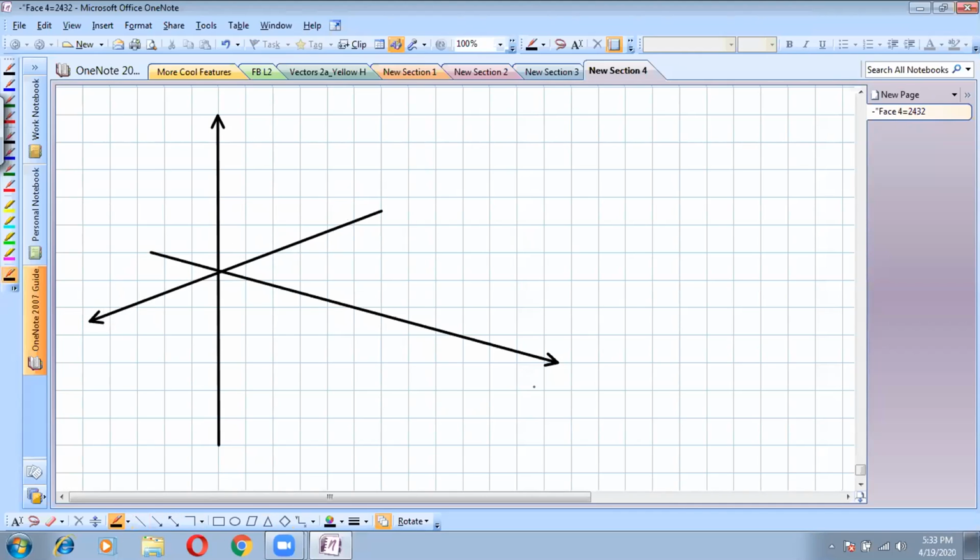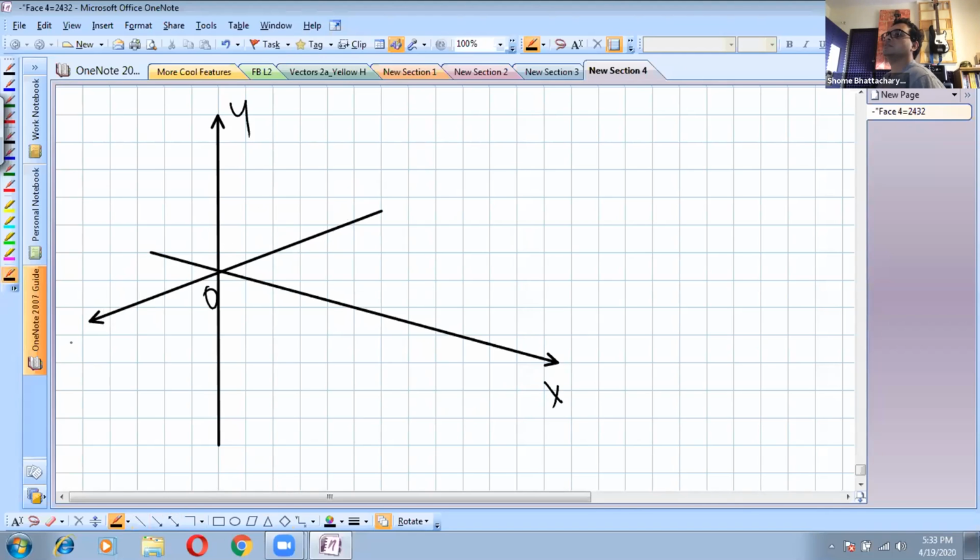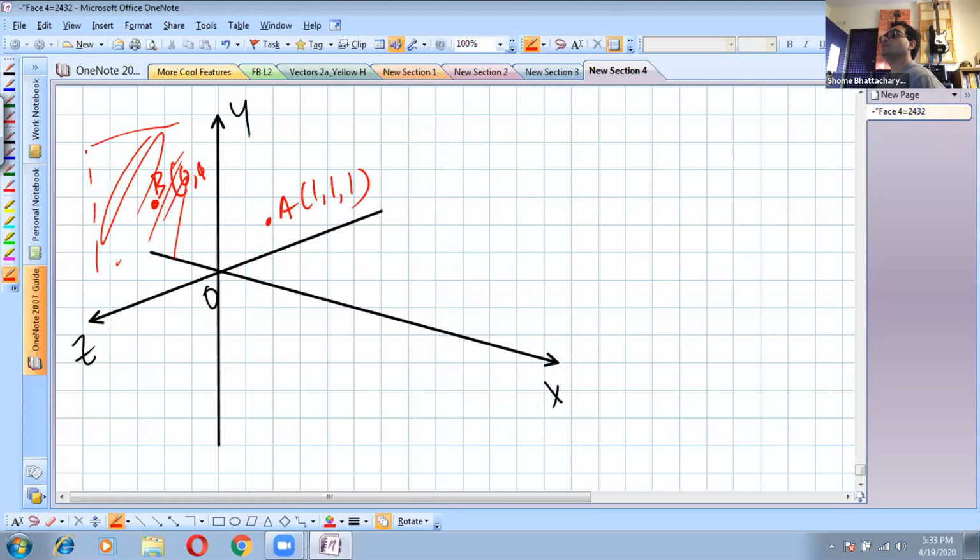Let's say this is my XY axis, my origin, and this is my Z axis. Here it's pretty tricky to visualize, but my point A is lying somewhere over here because it has all three coordinates positive, and my point B will lie somewhere on the YZ plane.